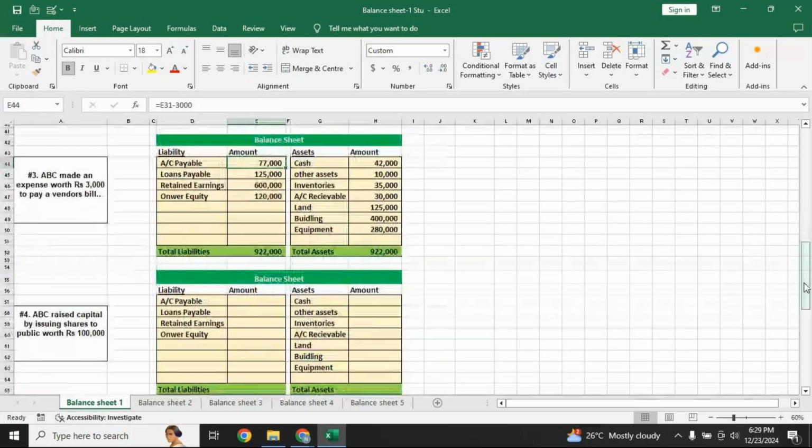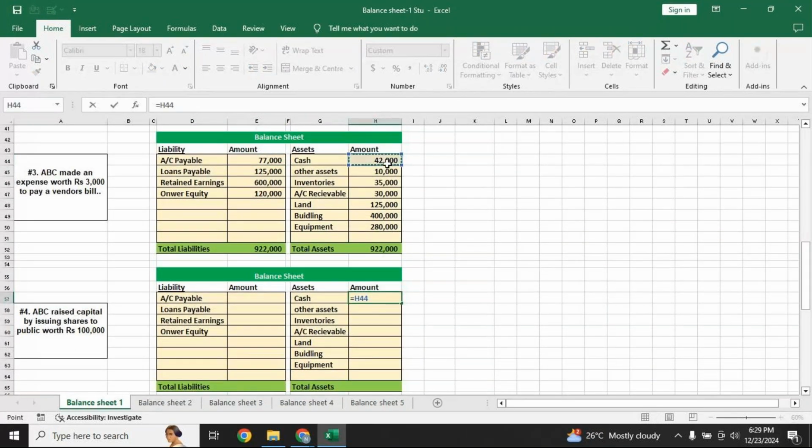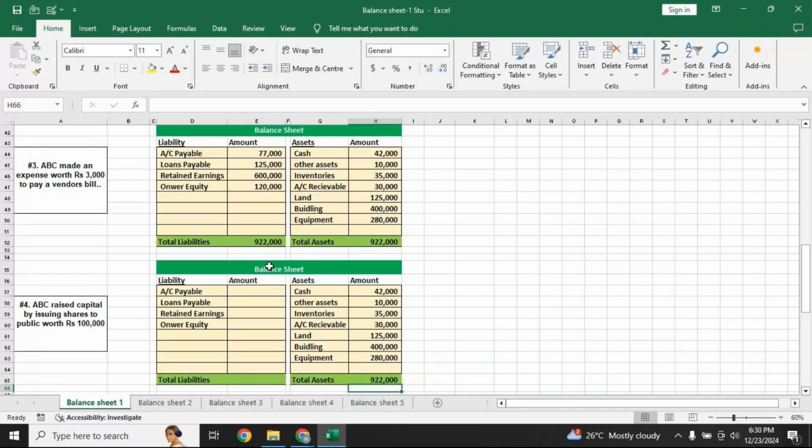The next one, I am going to bring the values down. Here I am going to take the values as they are. Now ABC raised capital by issuing shares to the public worth rupees 1 lakh.